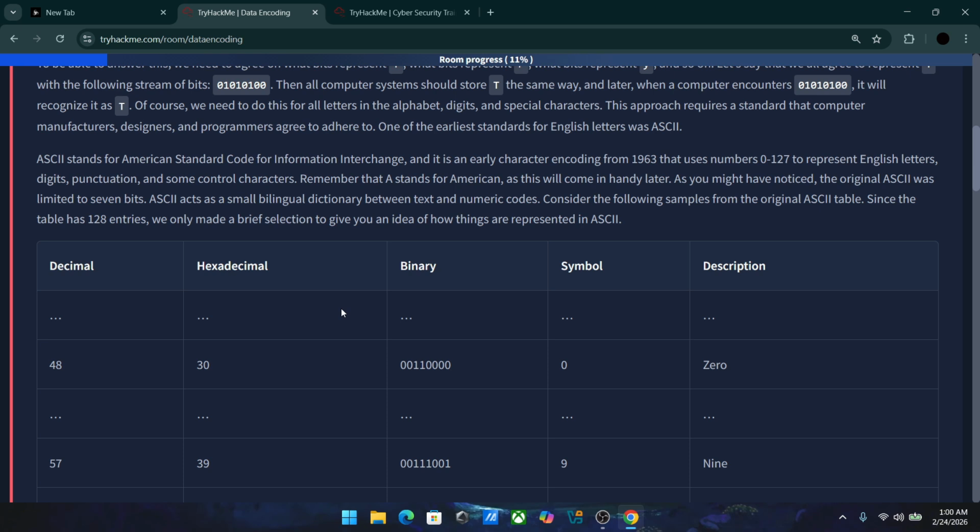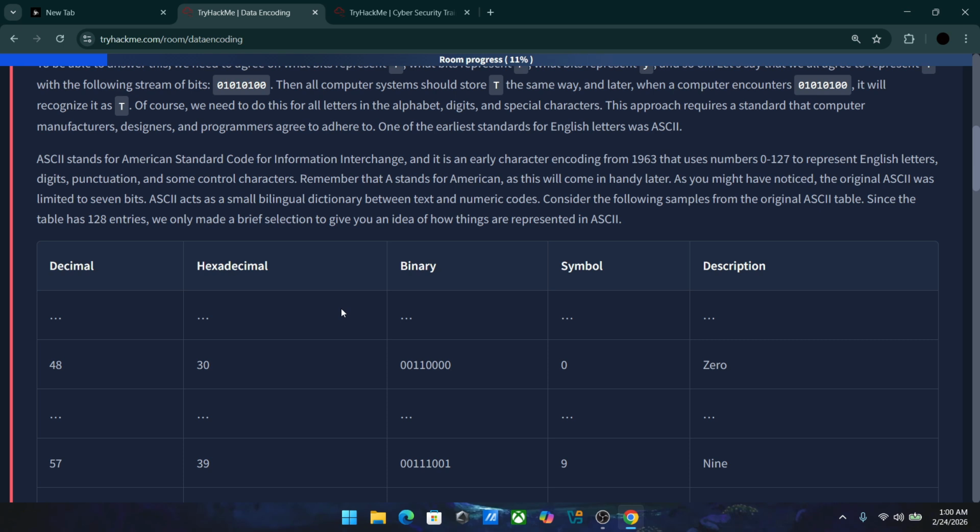Remember that A stands for American, as this will come in handy later. As you might have noticed, the original ASCII was limited to 7 bits. ASCII acts as a small dictionary between text and numeric code.